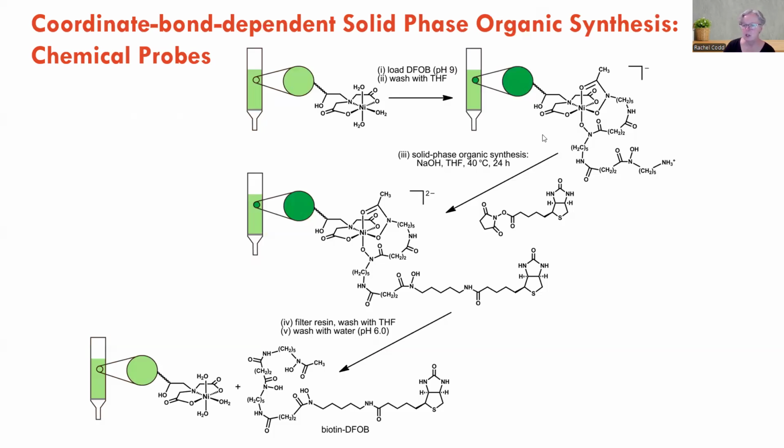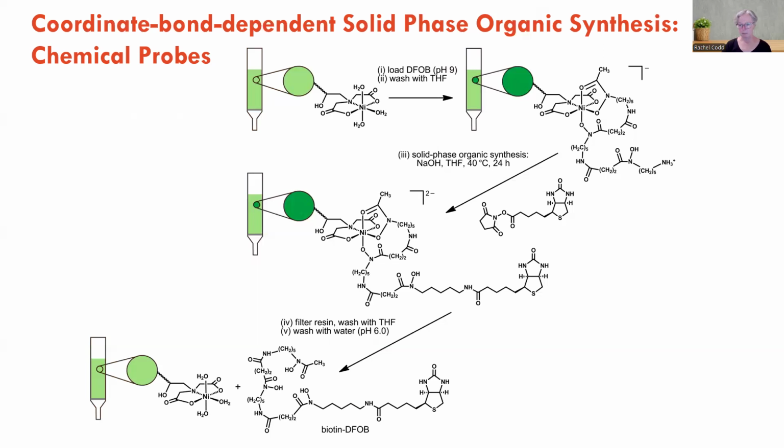And that would be unusual because ordinarily solid phase organic synthesis uses resins that require a covalent bond between the first building block and any building block that's subsequently added. What we're proposing here is that instead of using a covalent bond in terms of the primary reagent, which in this case is desferrioxamine B, we're using a coordinate bond.